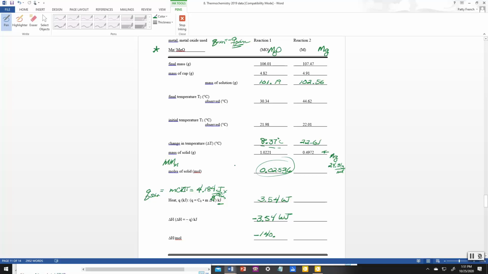For magnesium oxide, it was 40.38 grams per mole, but for magnesium, it's 24.31 grams per mole. Be sure you divide by the correct thing. When you divide 0.4972 by 24.31, you end up with 0.02045 moles.